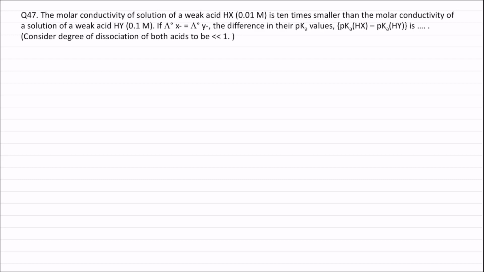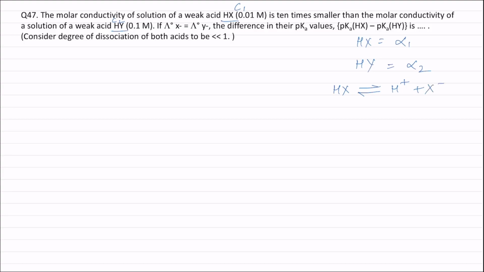Let the concentration of HX be C1 and concentration of HY be C2. Degree of dissociation of HX be alpha 1 and degree of dissociation of HY be alpha 2. Now HX dissociates to form H plus and X minus ions.